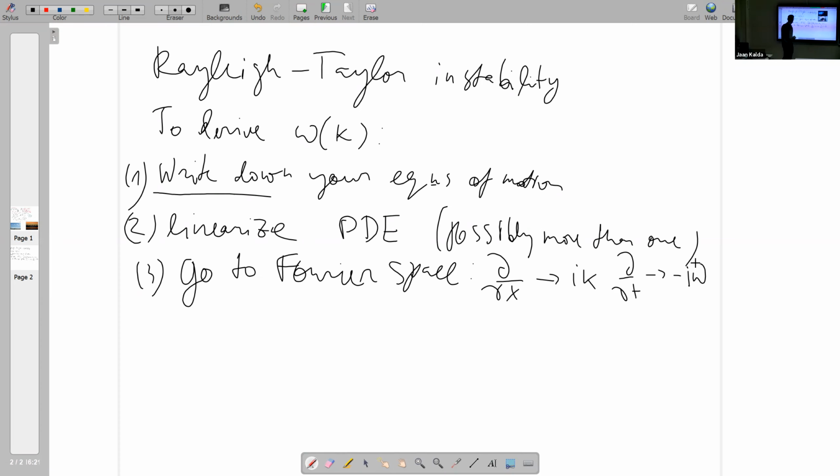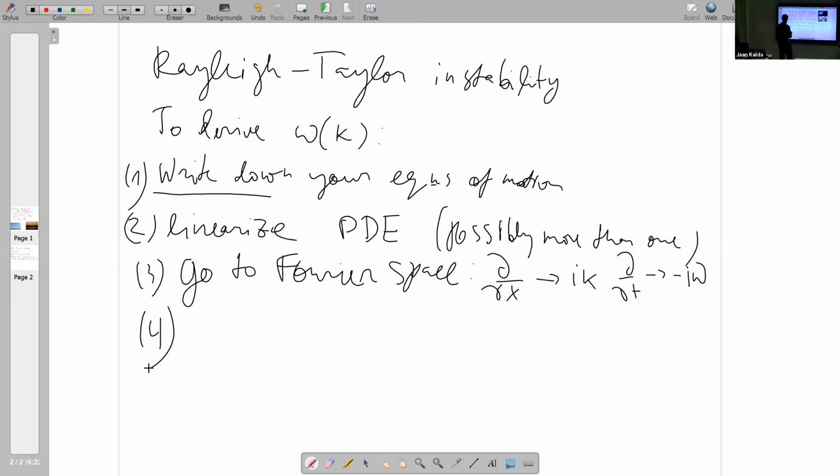And then the fourth step is to require that the determinant of this, so this will be an equation for finding the amplitudes of these solutions. So you have a PDE for certain physical quantities like displacement of the body.